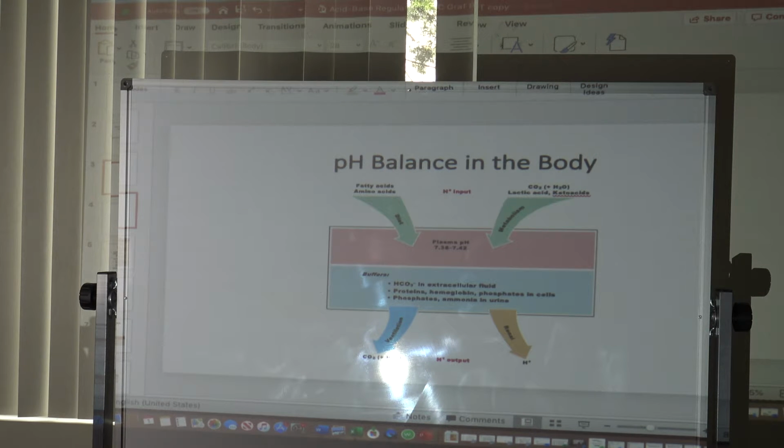And then how we compensate for that is in the bottom with hydrogen ion output, which renally we're going to do through elimination with a little trick I'm going to show you with hydrogen ions that are put together in ammonium into the urea, where they can't go back, so they are eliminated, whereas we can do smaller compensatory changes with ventilation, and this is through carbon dioxide. We're going to see that we're going to measure the partial pressure of carbon dioxide. So let's keep going.